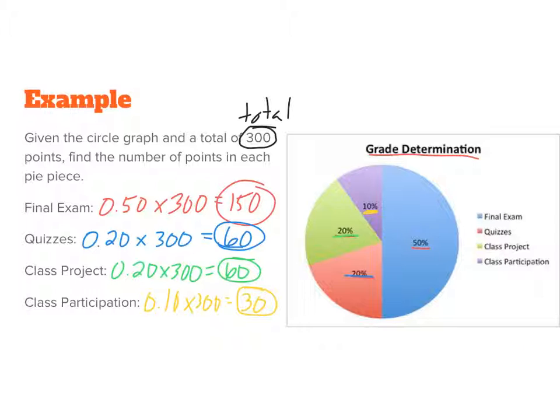Now when you're done, an easy way to check to make sure that you've done everything correctly, if you add up all of the numbers in each piece, the total should be the total. So if you add 150, 60, 60, and 30 together, you should get the total of 300, which we do.